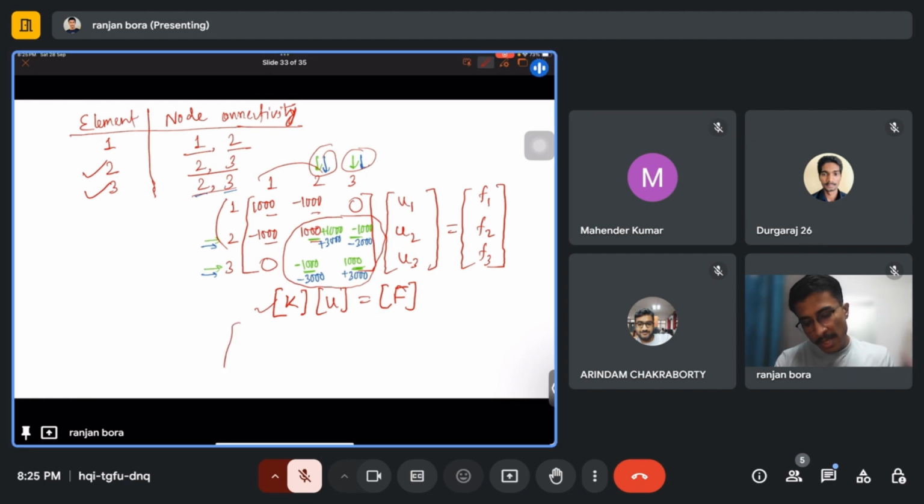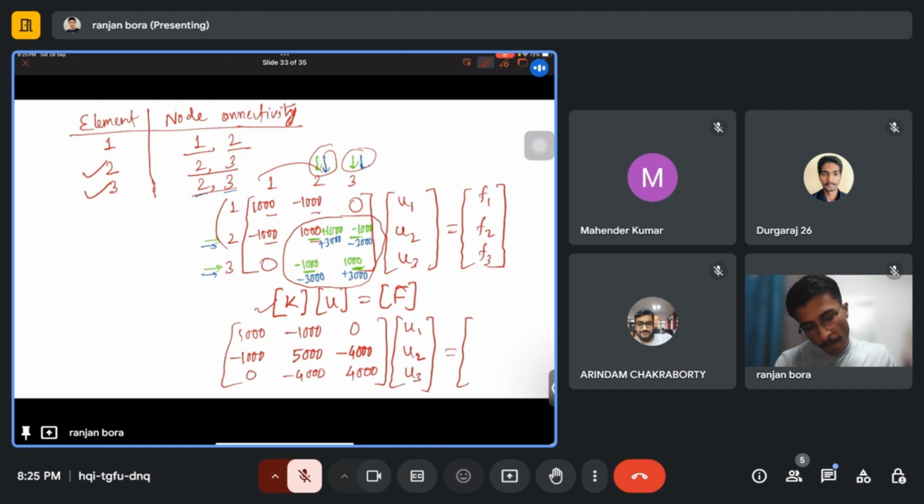Okay, so we found this global stiffness matrix, which is 1000, minus 1000, 0, then minus 1000, 5000, minus 4000, then 0, minus 4000, 4000, times U1, U2, U3, equal to F1, F2, F3.